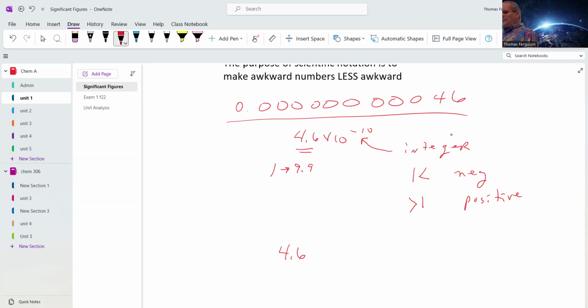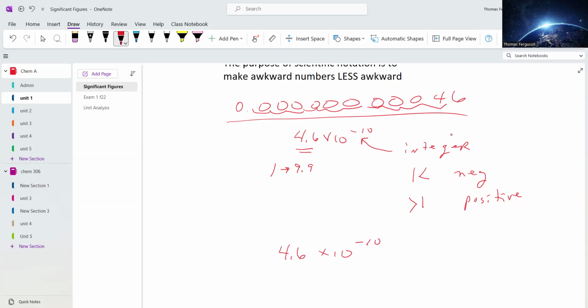And what do we multiply by? Well, there are 9 zeros plus an extra one. So if we go like this, that's 10 places. We had to move it. And because it's less than 1, it's going to be a negative exponent. So just look at the number.